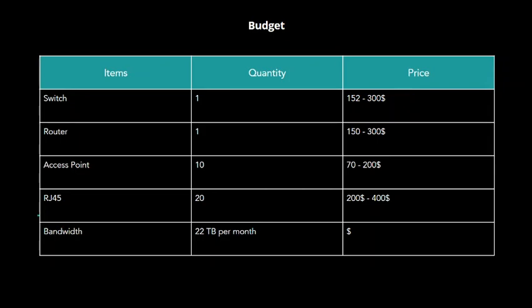And then the bandwidth, we're estimating 22 terabytes per month because we don't know how much the times are going to change, especially in this coronavirus pandemic. People are mostly using virtual means.